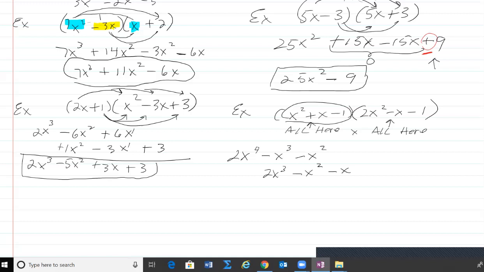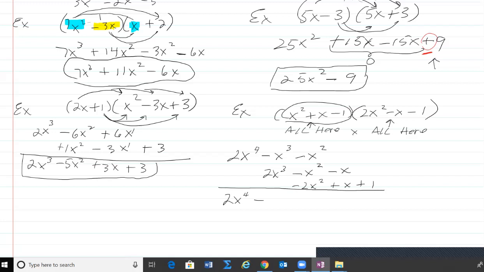Then you got to take this minus 1 times everything here. Well, that just changes all the signs to opposite since it's just a 1. And I'll line that up over here. So it's a minus 2x squared, a plus x, and a plus 1. And then again, I'll use my alignment technique here to combine like terms.